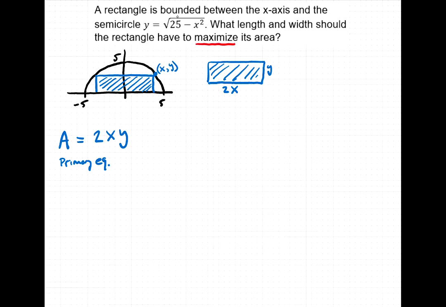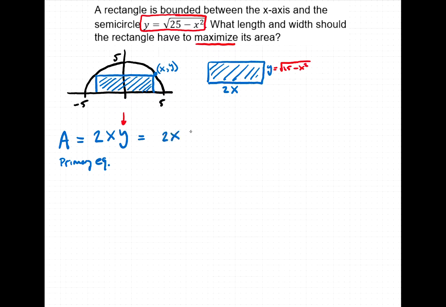Which is fine because we're given this, that y is equal to the square root of 25 minus x squared. So we could replace this y with the square root of 25 minus x squared.